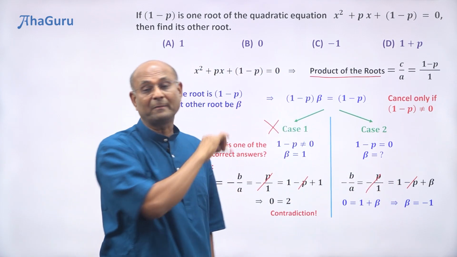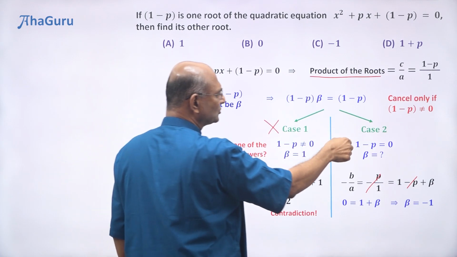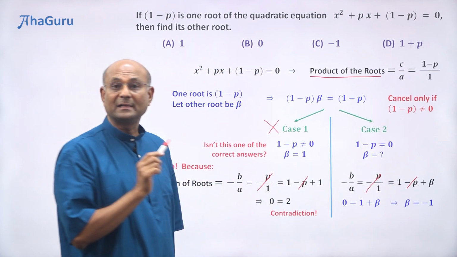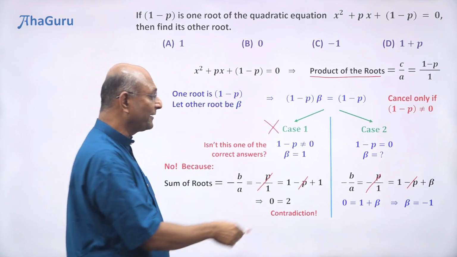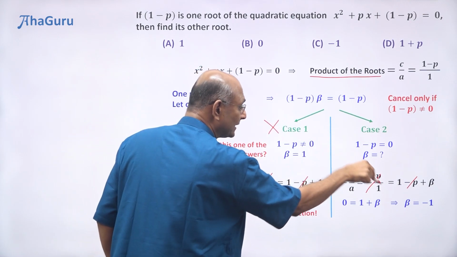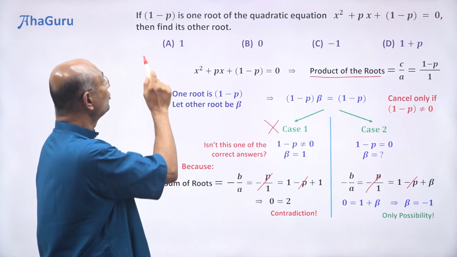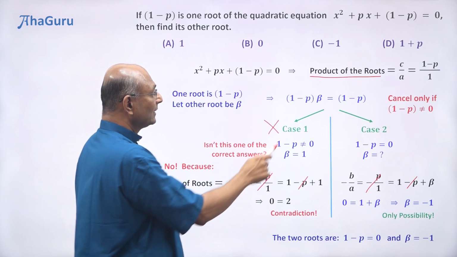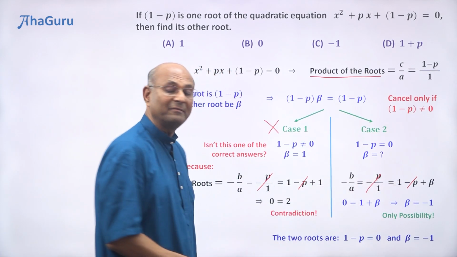I didn't get it from the product of roots. I got it from the sum of roots. Of course, the product of roots told me that 1 minus p is 0. But the sum of roots tells me that beta must be minus 1. In fact, this is not even a possibility, that is the only possibility. So that means the two roots of that quadratic equation are 1 minus p, which is of course 0, and beta, which is minus 1.